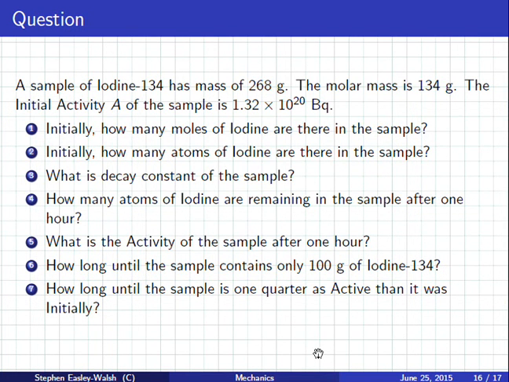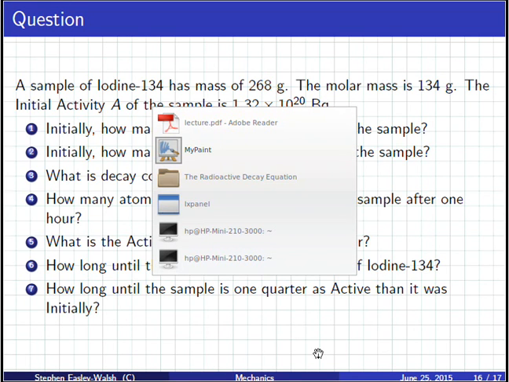What is the activity after 1 hour? So which formula do we use for that one? Can we use A equals lambda N? Good. In fact, for this next part, you have two you can use.